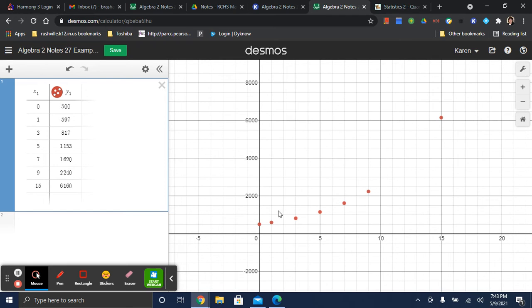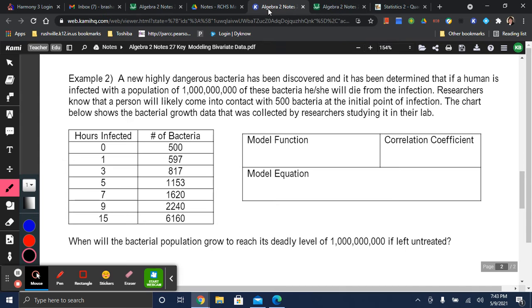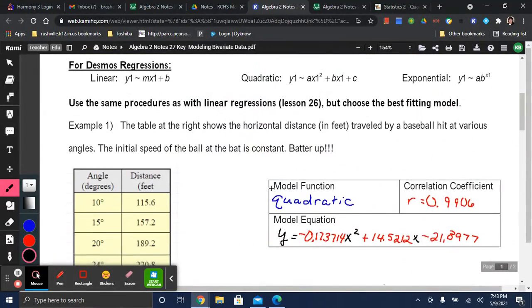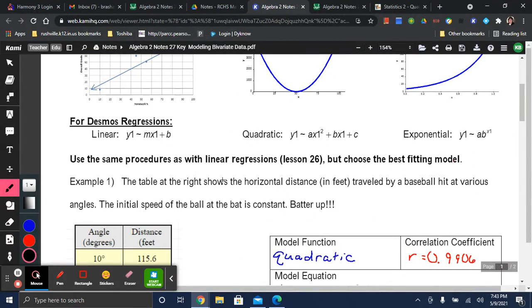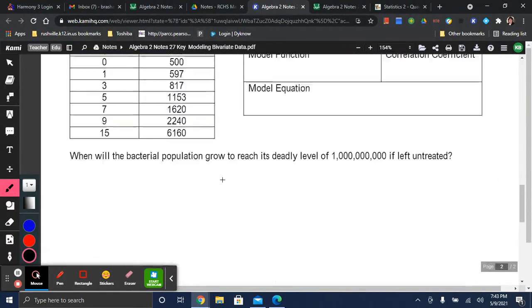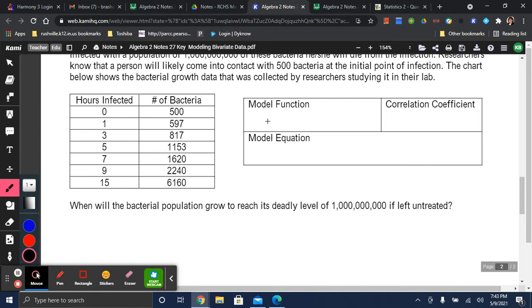It's also not quadratic because it's not hitting a maximum and then coming back down. So as we look at our options, this one is more like the exponential graph. So for the model function, we're going to choose the exponential.